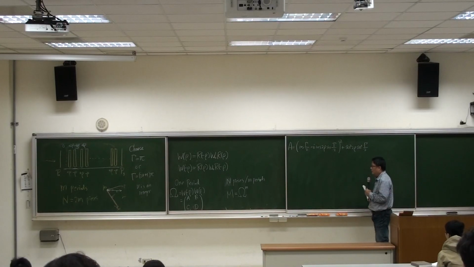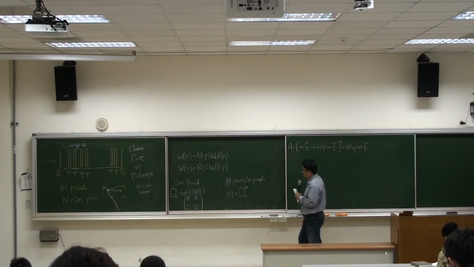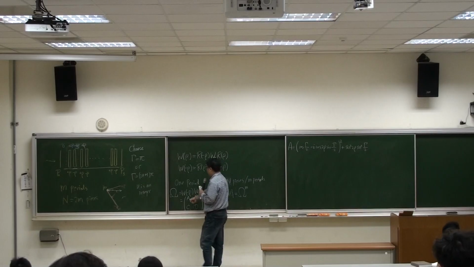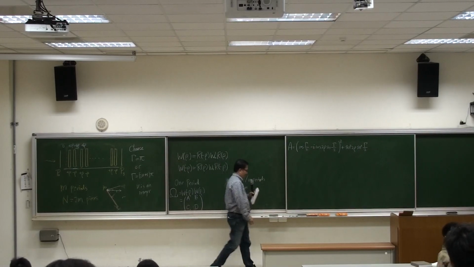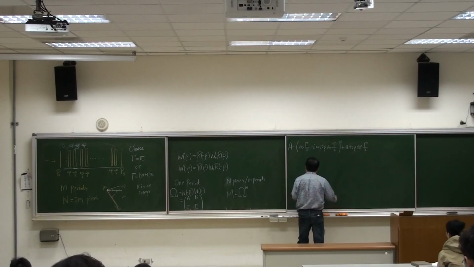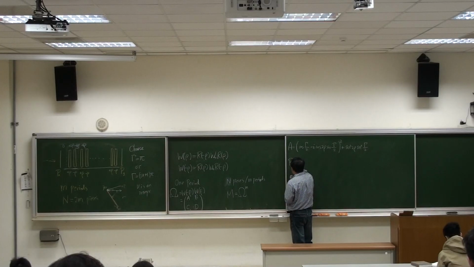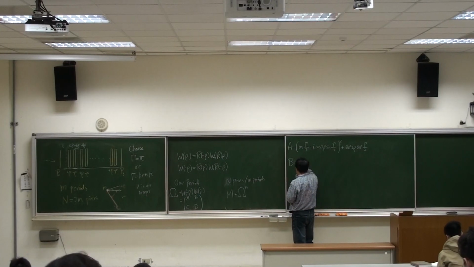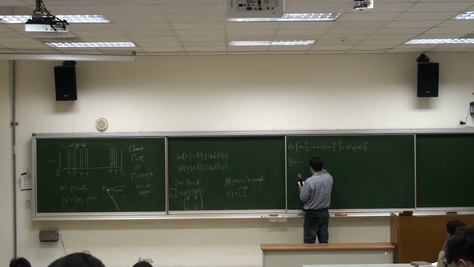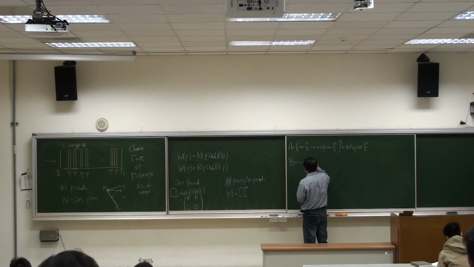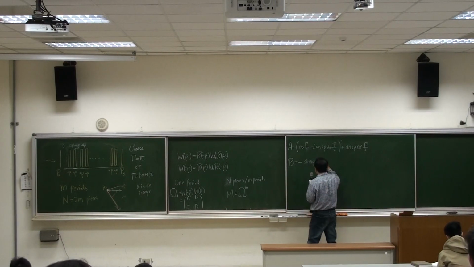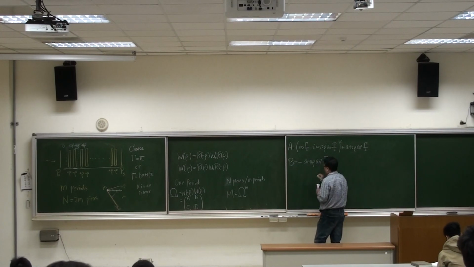This is the A factor. What is B? B is in fact a negative sine 4 rho sine square half gamma.